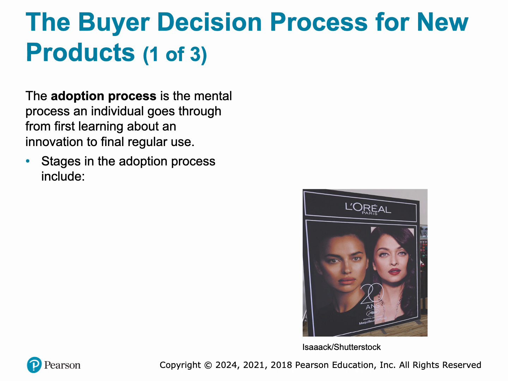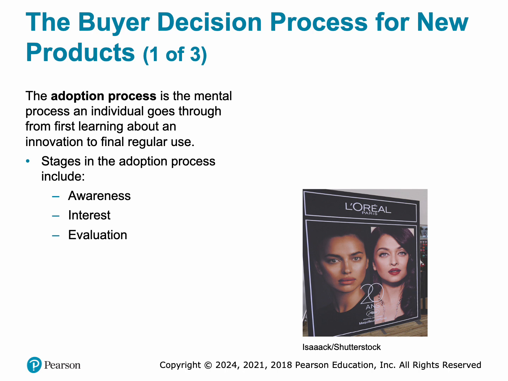Stages in the adoption process include awareness. So the customer becomes aware of the new product, but pretty much lacks information about it. Interest. The consumer seeks out information about the product. Evaluation.